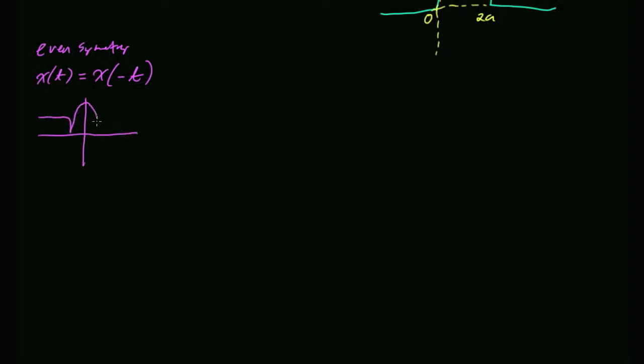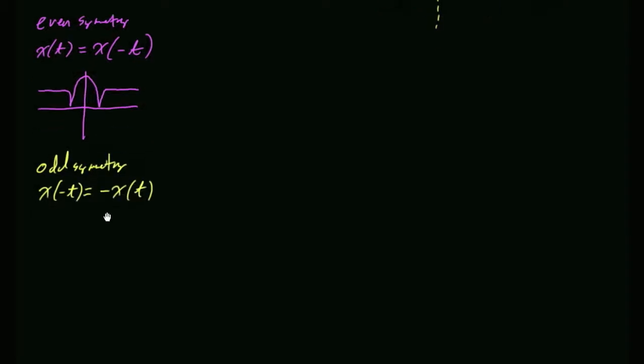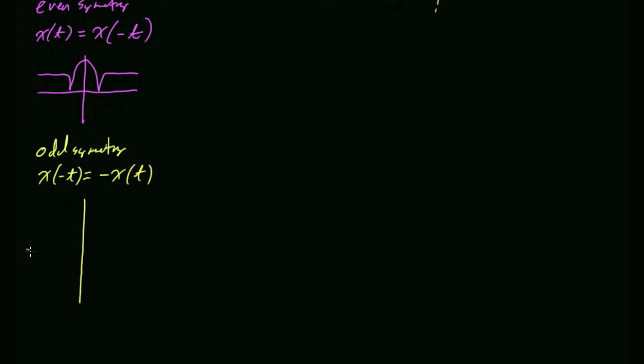So that's even symmetry. Odd symmetry is when x of negative t equals negative x of t. And in terms of a plot, what that looks like is it's sort of symmetric across, you've got to flip it across the y-axis and then the x-axis.